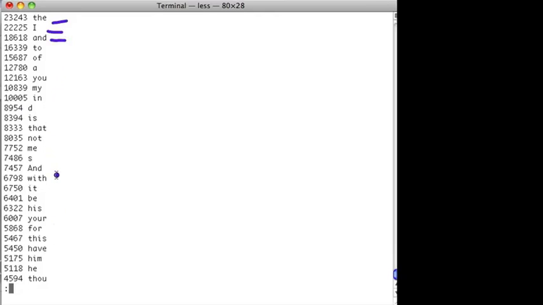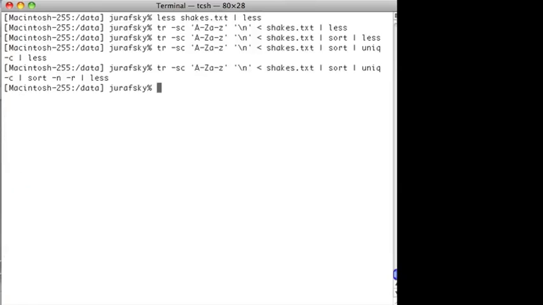There are some problems. One is that the word and occurs twice because we didn't map our uppercase words to lowercase words. So let's fix the mapping of case first. Let's try that again. We're going to map all of the uppercase letters to lowercase letters in Shakespeare.